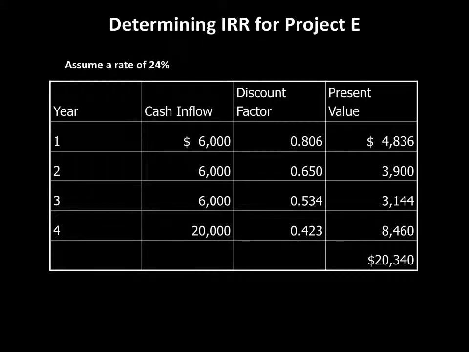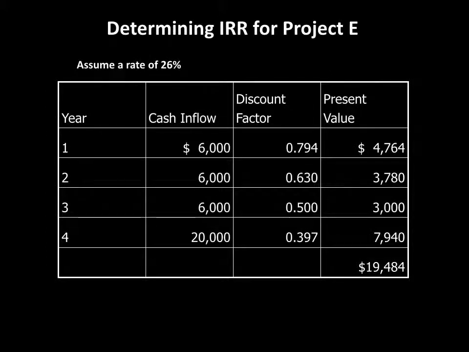So what happens if we use a discount rate of 24%? You can see that the present value of the inflows reduces from 22,276 down to 20,340, yet still positive by $340 when we compare it to the $20,000 outflow in the beginning of the project. So we know that we're getting close to the internal rate of return.